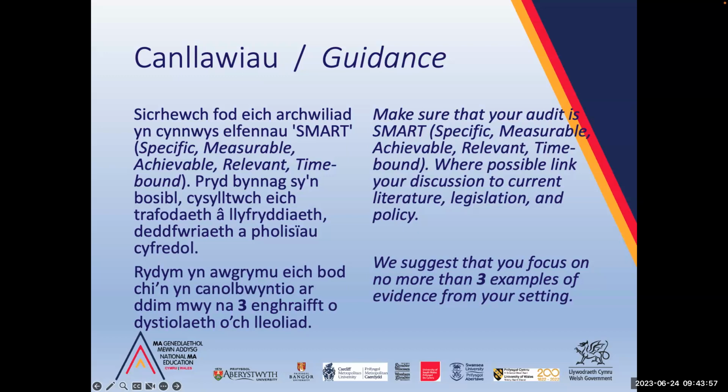So rather than it being something that's descriptive, you're embedding it within the literature, so you've got evidence to support your approach or the ways to overcome those barriers, and that you can see that you're drawing that from evidence, either with current research or legislation. And as I've already mentioned, we suggest that you focus on no more than 3 examples of evidence from your setting. So I'm going to give you an example now.